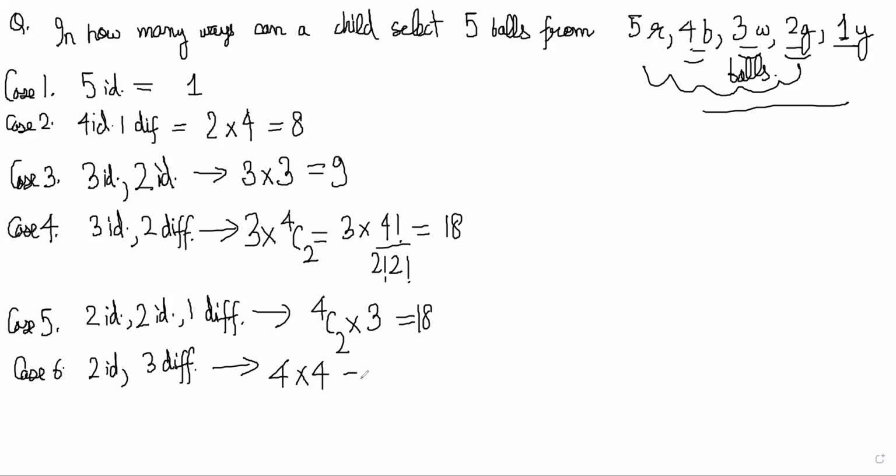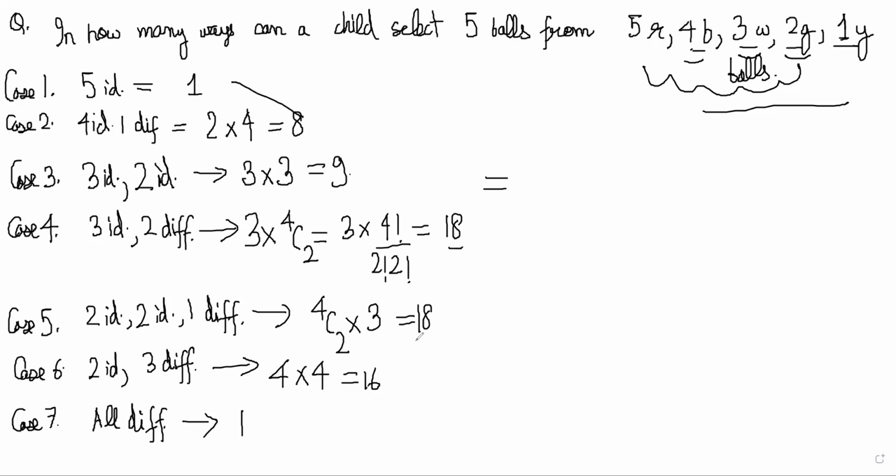So it will be 16 here, and the last case should be all different. All different would be five balls from five groups, right? Only one way, 5C5.